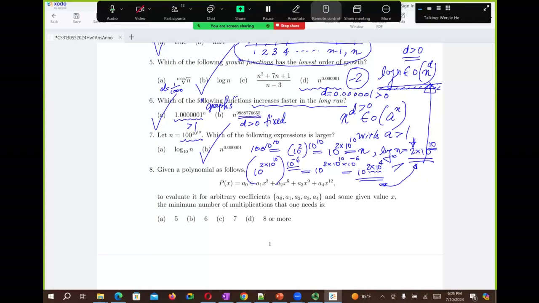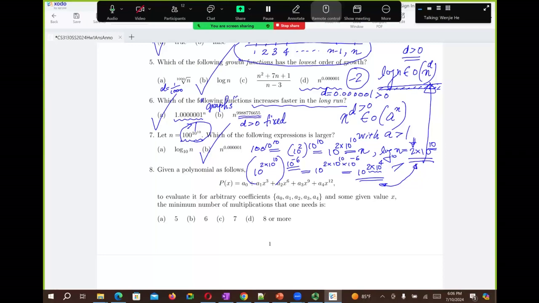So you get an idea how much that difference is. The purpose of this question is that you can see we can find some large number such that the power function, although the exponent is extremely small, can beat the log function easily.